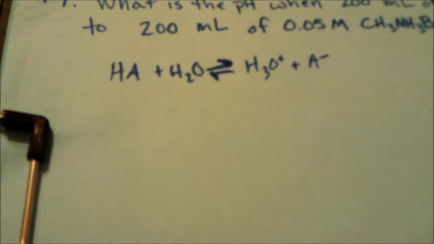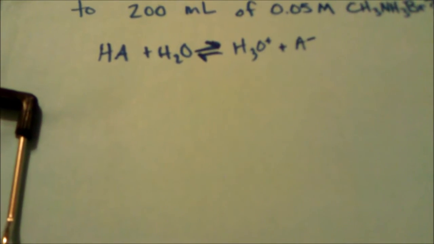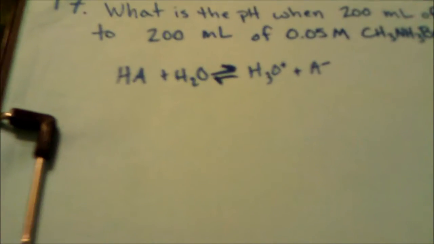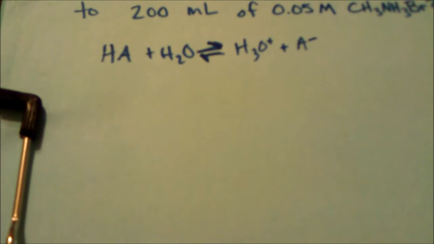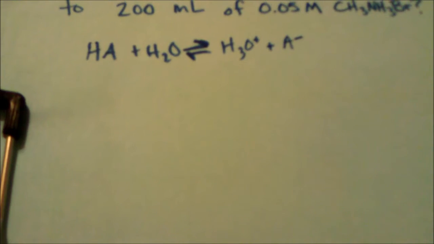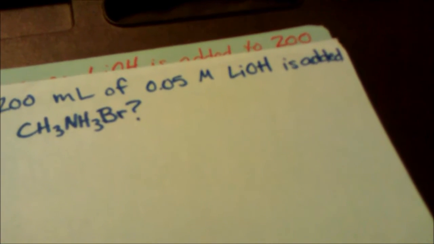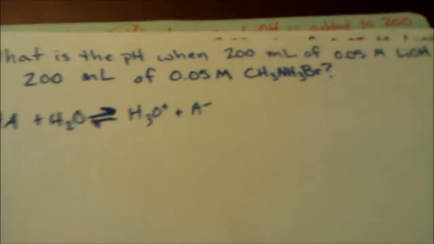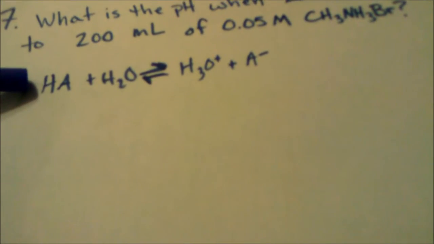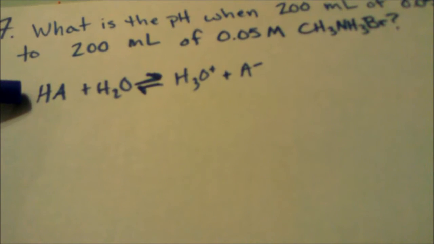We can't oversimplify our problem with this particular simplification this time, because now we're adding some strong base to our solution and we have a little bit more to worry about than what we did before. So since we're adding strong base, this reaction is not necessarily our best option.